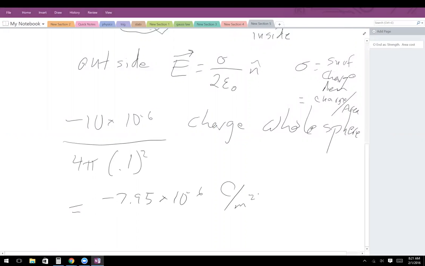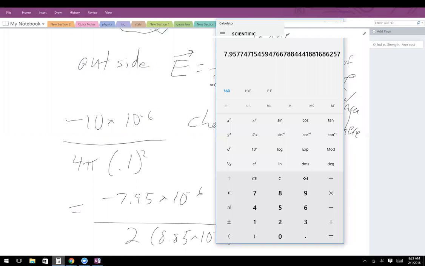And then just take that divided by 2 epsilon naught. So I need to divide by 2 times 8.85 times 10 to the minus 12. So divided by 8.85, divided by 2, and that's 10 to the positive 6.